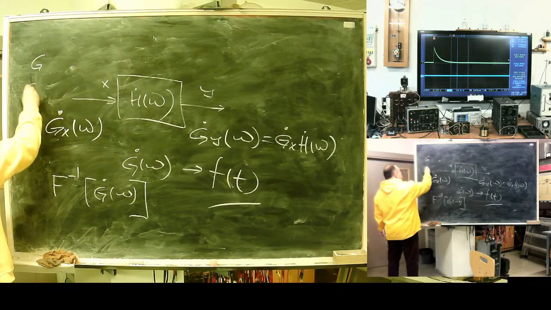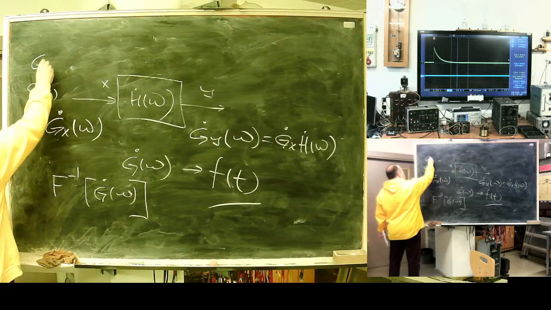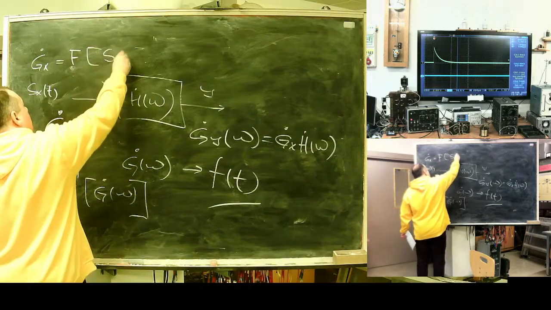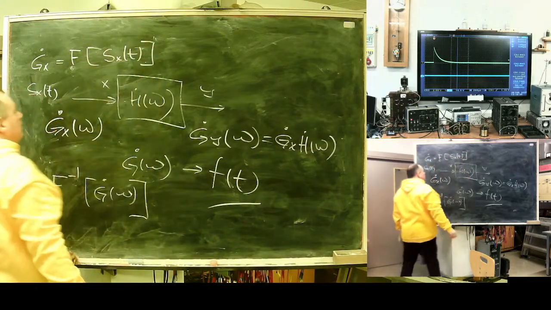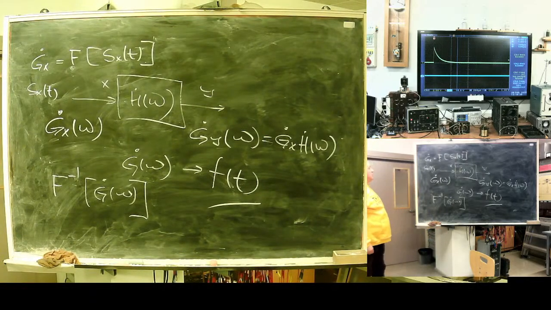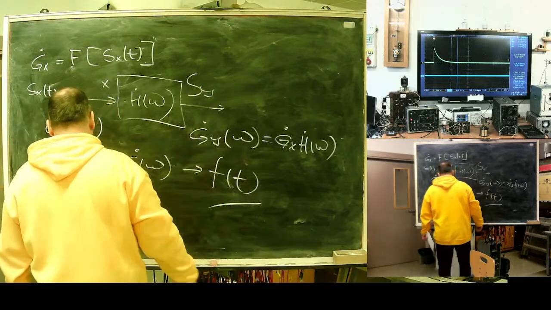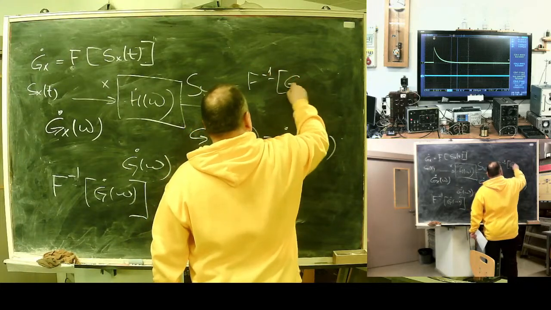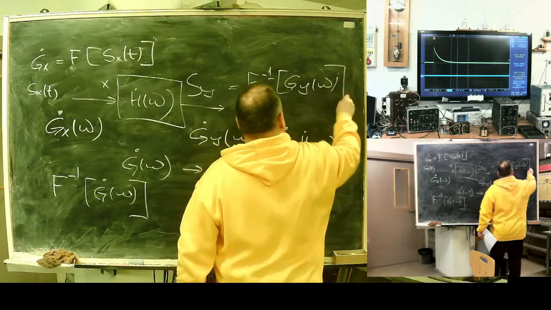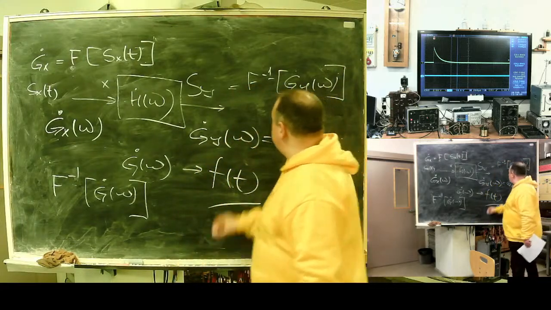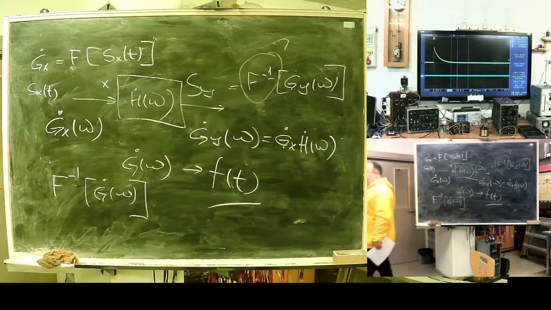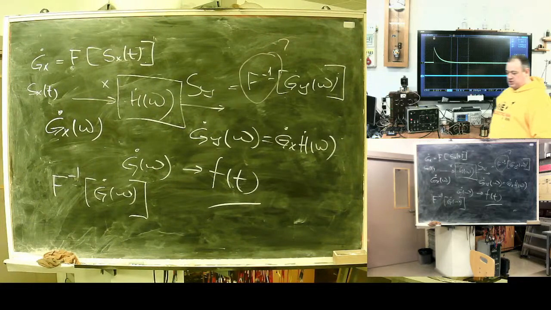If I have something, let's say Sx, I can say the spectral function of x is the Fourier transform of Sx. Sx is a non-periodic signal. The output Sy will be the inverse Fourier transform of the output spectral function. The only problem: where is my inverse Fourier transform? The direct transform formula I just wrote.